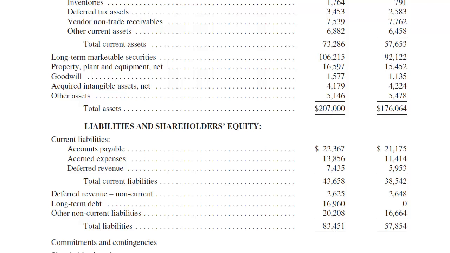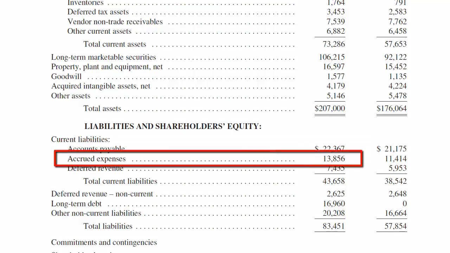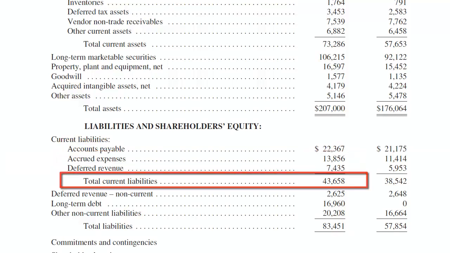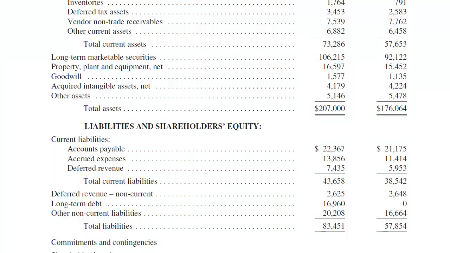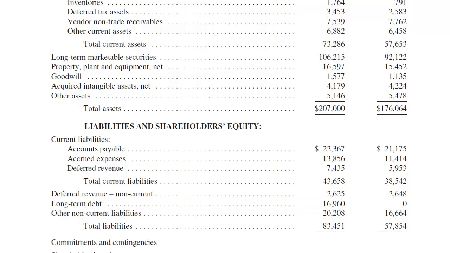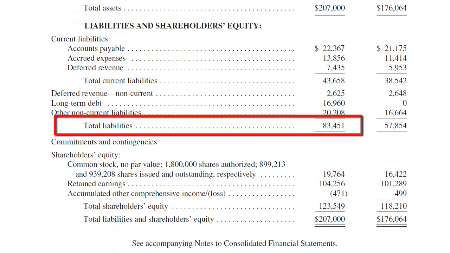We first have information on current liabilities such as accounts payable and accrued expenses. Total current liabilities were about $43.7 billion. We then have long-term liabilities such as long-term debt. Total liabilities, both current and non-current, were about $83.4 billion.